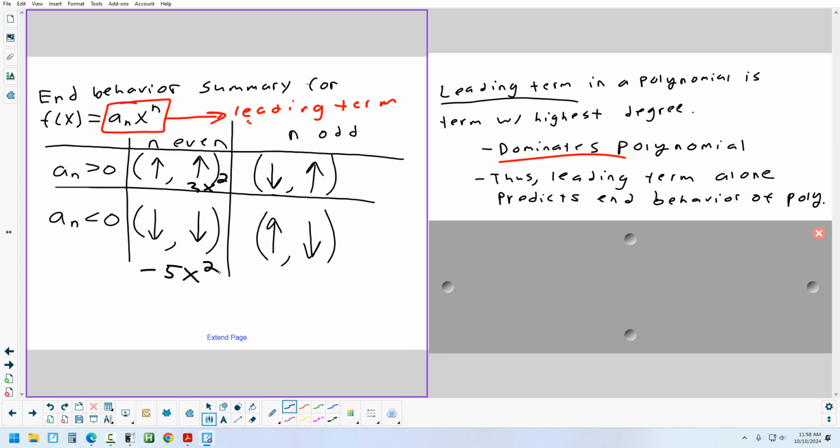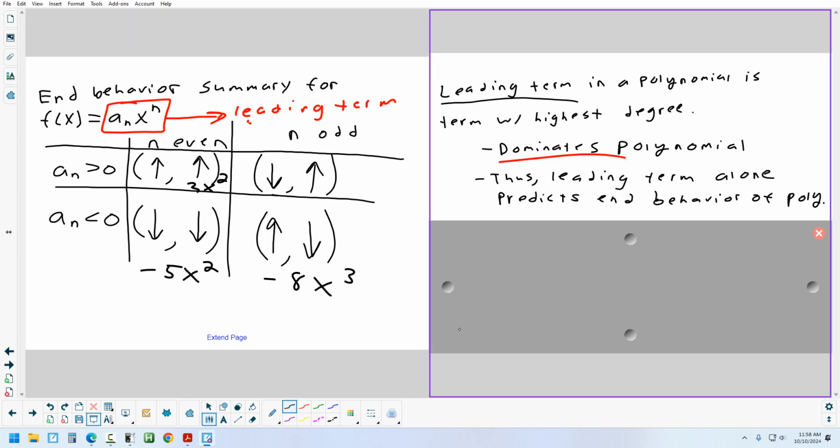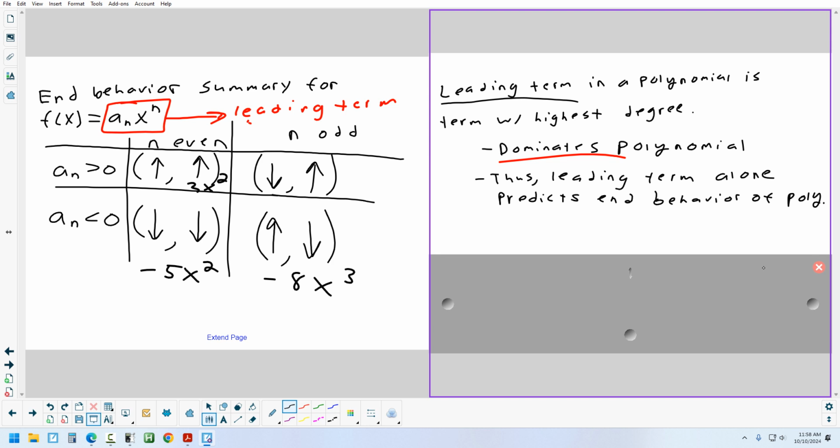If the exponent is odd and you have a number in the front that is less than 0, when you graph that, it's going to go up on the left, down on the right. So this chart summarizes what the end behavior is going to be.